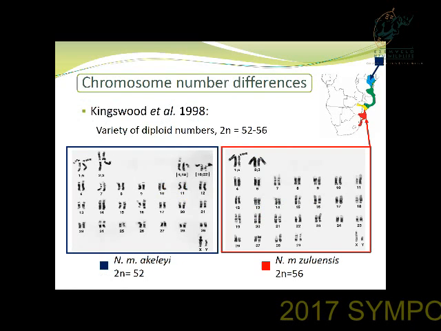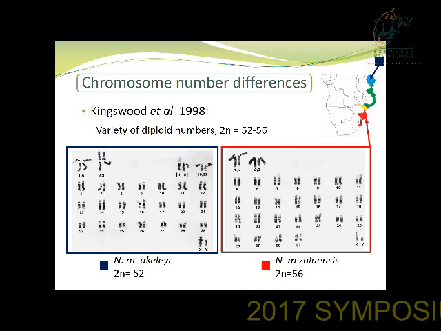Well, a study has been done in the United States on a captive population where they were able to show that they had 2 different subspecies, as you can see here in blue and red, with 2 different chromosome numbers. For instance, 52, and the other subspecies with a chromosome number of 56.